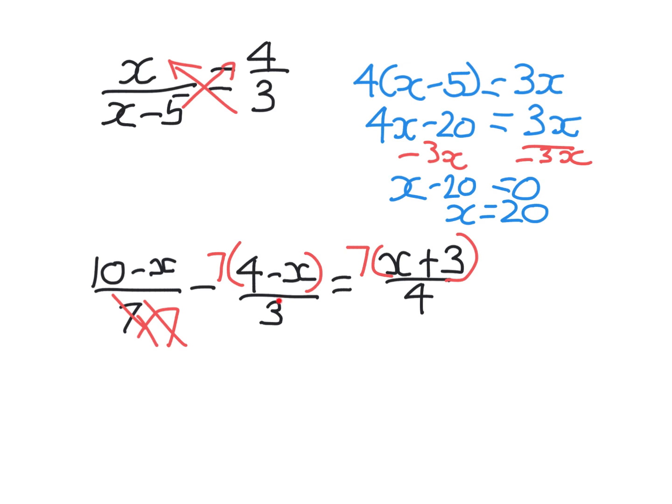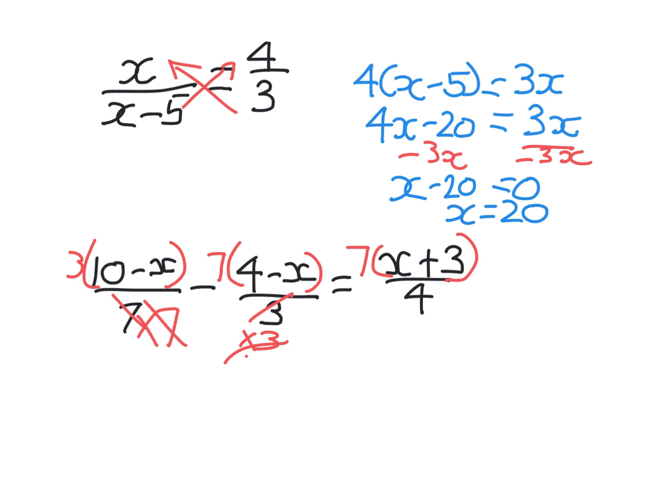Okay, now I want to get rid of this fraction. So I'm going to multiply this side by 3, because times 3 and divide 3 undo each other. But when you multiply this side by 3, you have to multiply the whole shebang. I multiplied this by 3 to get rid of the 3, so too I have to multiply this fraction by 3.